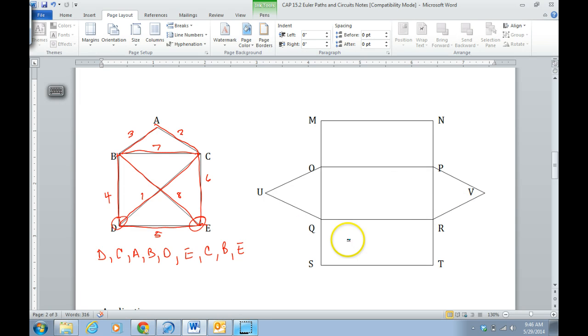Look at the right graph. Do we have any odd vertices in this one? No. So what does that tell us by Euler's theorem? It's a specific thing. What does it say?